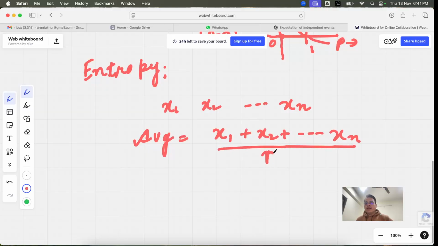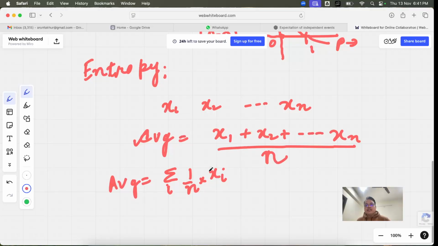There are n numbers, so dividing by n gives the average. We can also write it in a different way: 1 upon n multiplied by xi, summed over i. This is the same formula written differently.